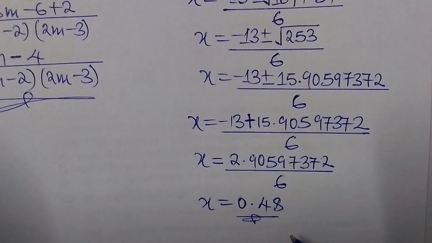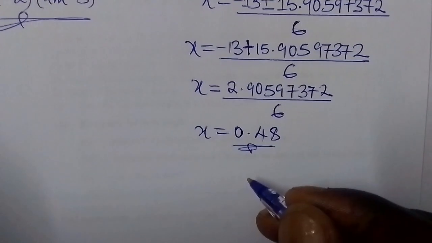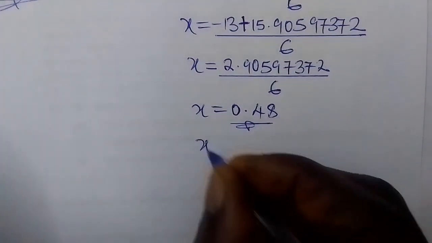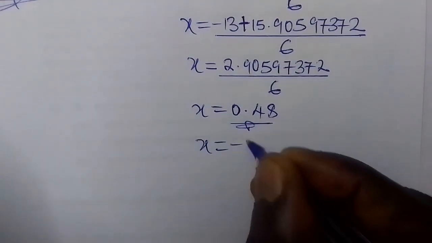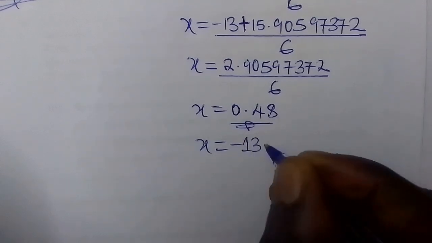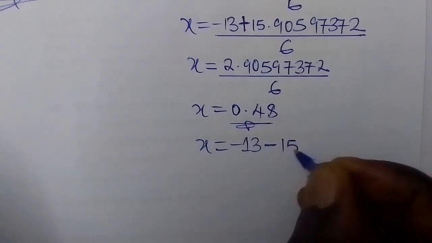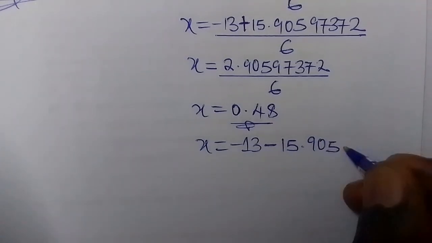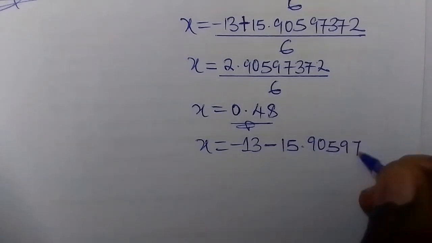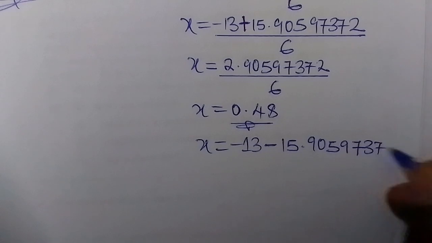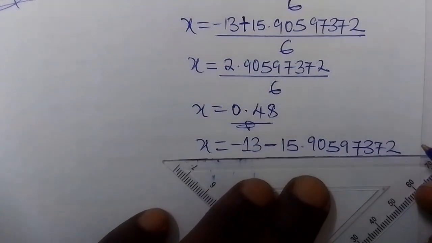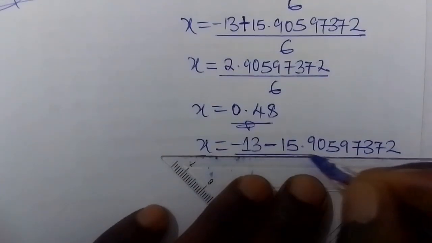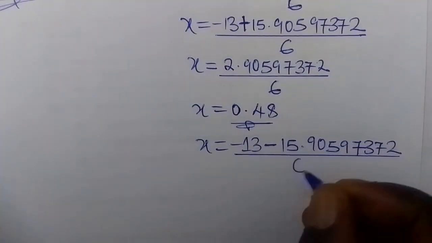Then for the subtraction, what we're going to get is the following: x equal to negative 13 minus 15.90597372 divided by 6.